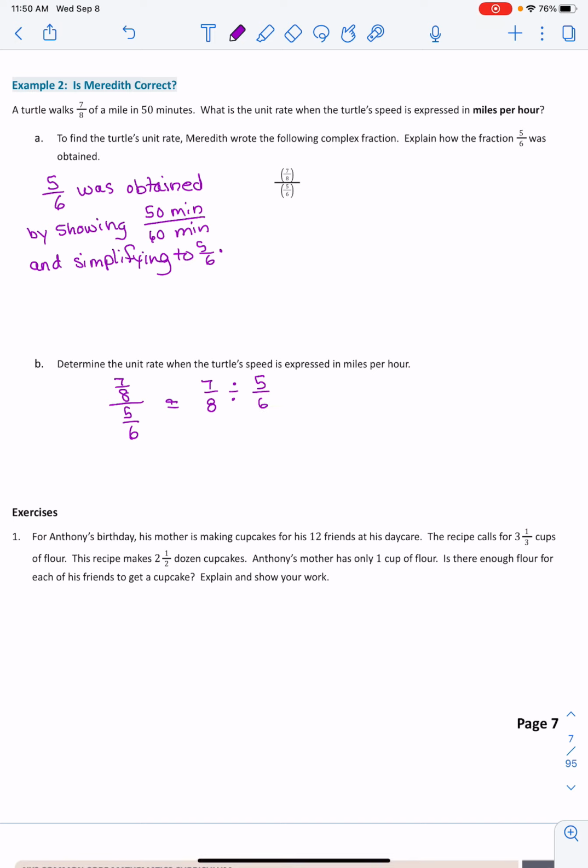So remember, when we divide fractions, we leave the first, change this to multiplication, flip our last number. Oops, sorry, that's a 5. And we are going to multiply.